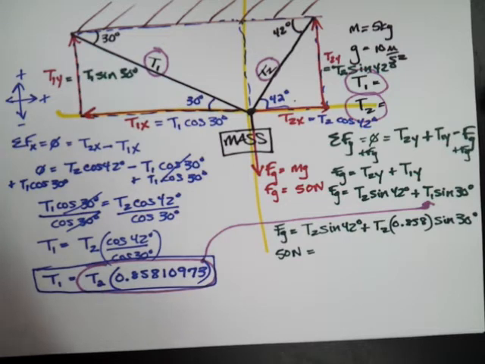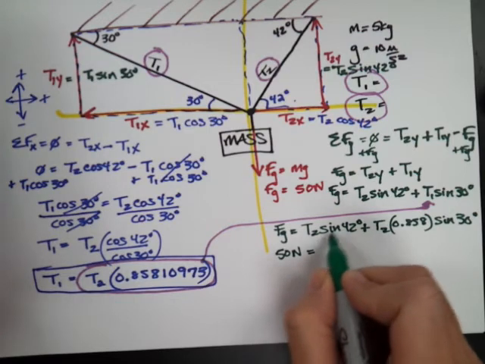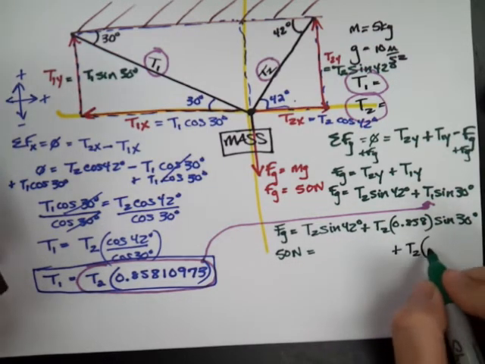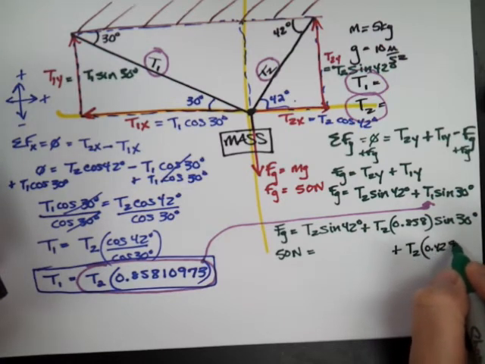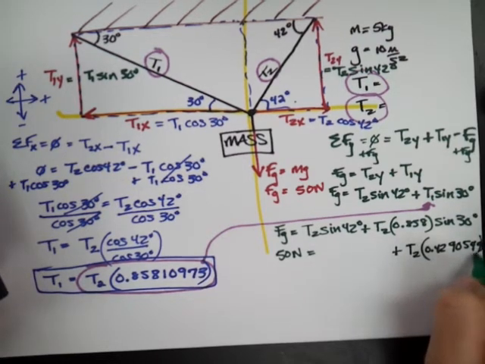So I have 0.85 times sine of 30. I haven't done this number yet, but this is really T2 times 0.429054, rounded to 9.